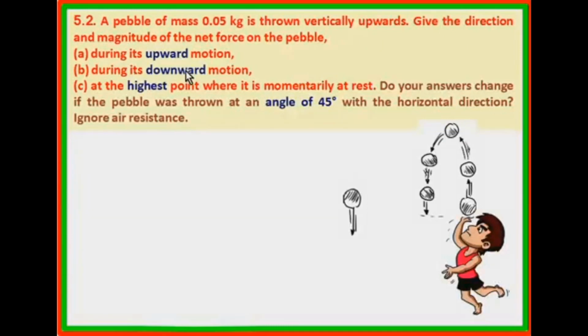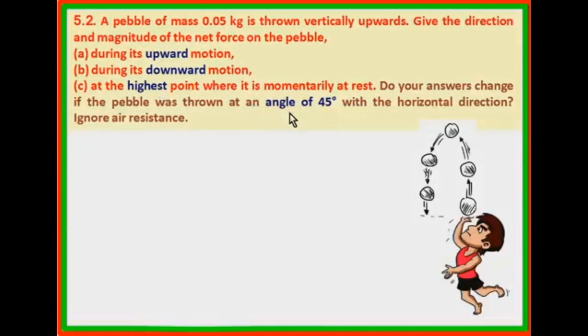Second one, downward motion. Then the third one, at the highest position when it's at rest. For the fourth one, the same pebble is thrown at an angle of 45 degrees. What is the net force acting on this pebble?